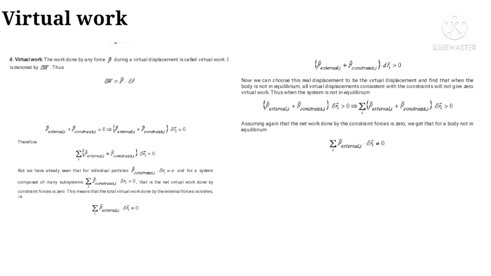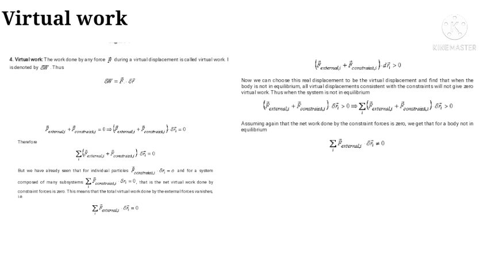Thus when the system is not in equilibrium, the summation of F external plus F constraint dot delta r i is not 0.